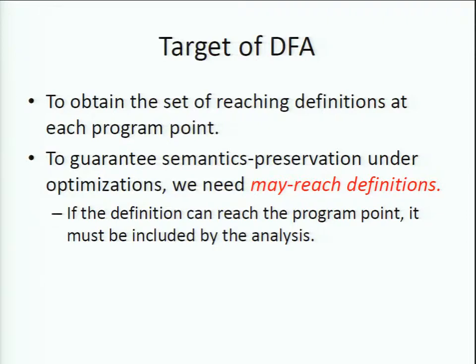To guarantee semantics preservation under optimizations, we need may reach definitions, which means that if there is some program path from a definition to a statement, then we must include that definition at that program point. If we miss some definitions, then that will not be safe, that will not be conservative, because we are ultimately going to use them for optimizations. I will illustrate this later. But for guaranteeing safety, we need may reach definitions.